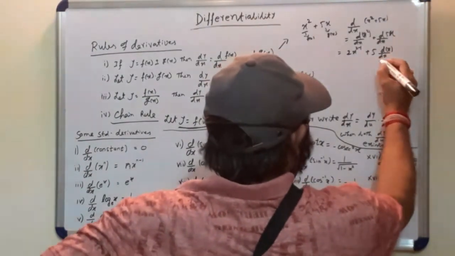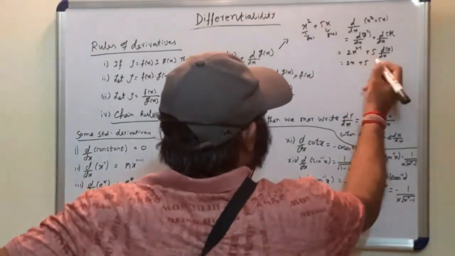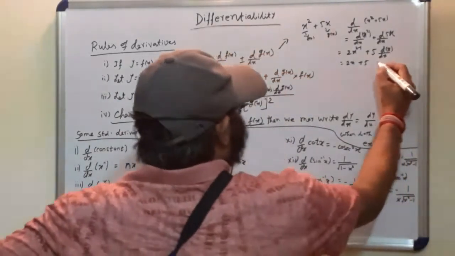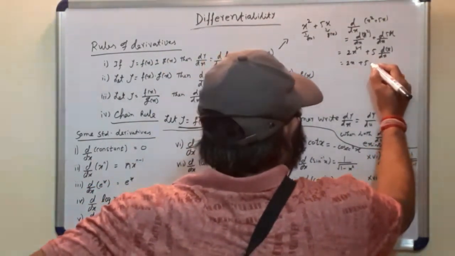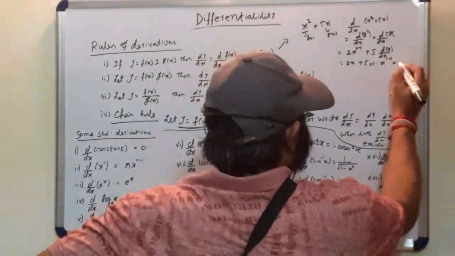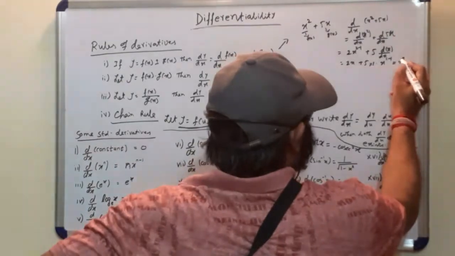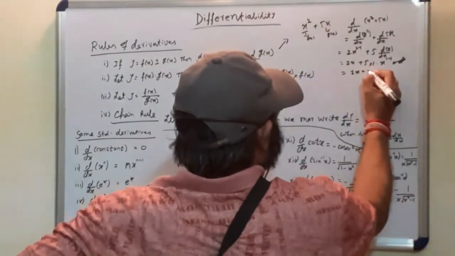So it is 2x plus 5 into 1 into x to the power 1 minus 1, which is x to the power 0, so the answer is equal to 2x plus 5.